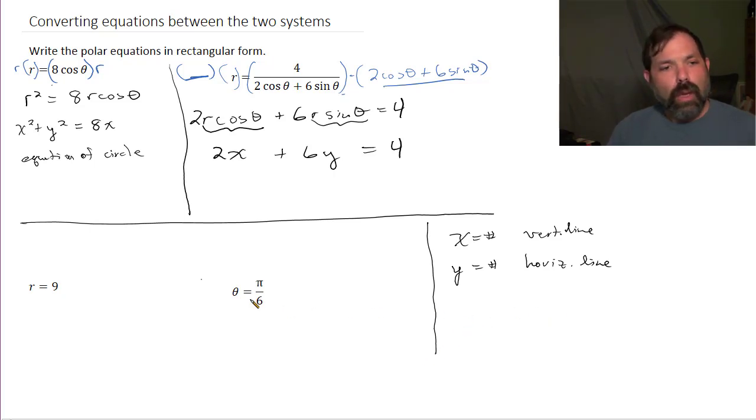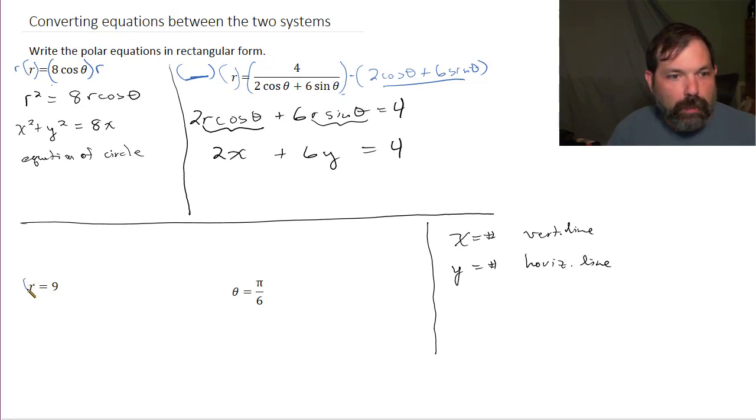All right, so r equals 9. The radius, the directed distance, is always 9. Hey, that's going to be a circle. It's going to be a circle of radius 9. Let's show that in Cartesian coordinates, in rectangular coordinates. So if r equals 9, and the trick we use here that we can't use most of the other time is, I'm going to square both sides.